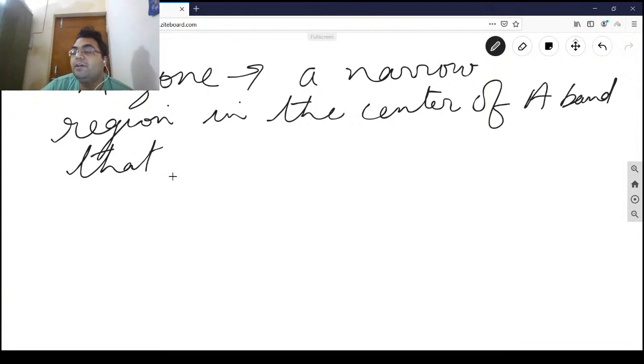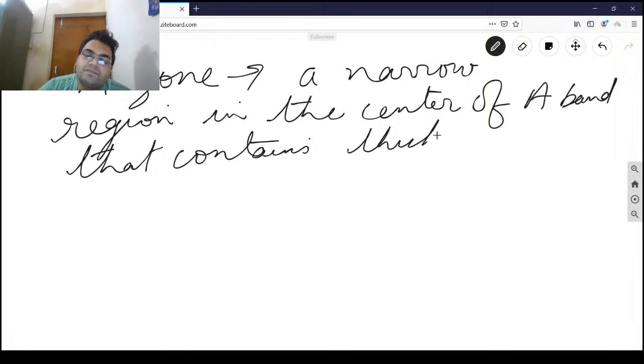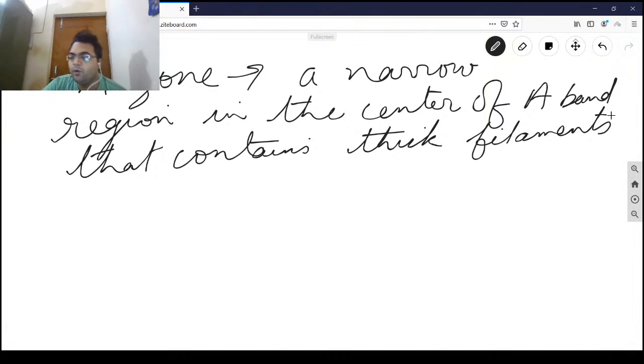Like the I band does not contain thick filament, this contains no thin filament, only thick filaments. No overlapping happens in the H zone, because overlapping happens towards the ends of the A band. At the H zone no overlapping will happen. I'll show you the image also. It will be very clear.